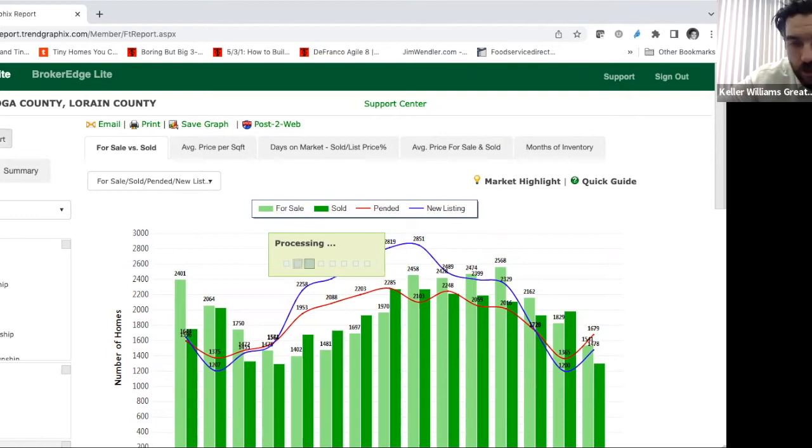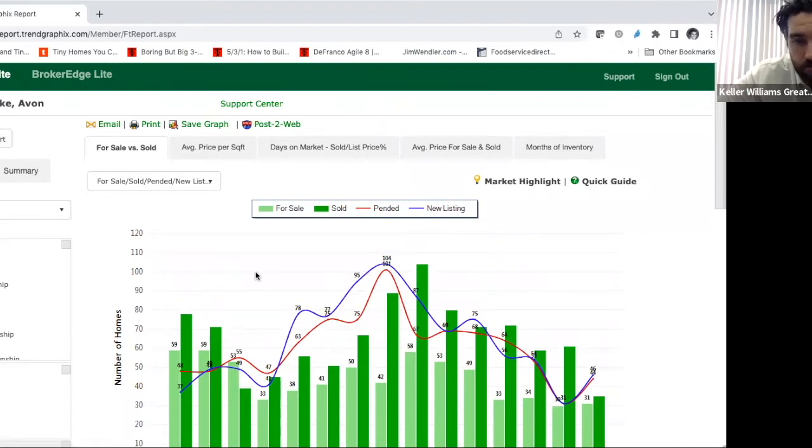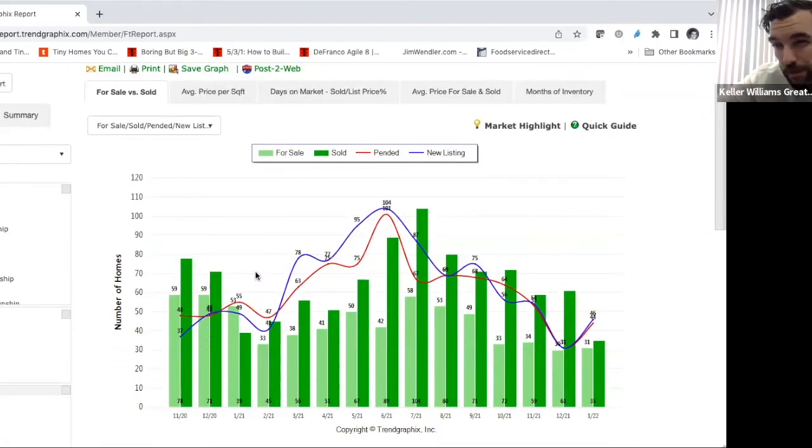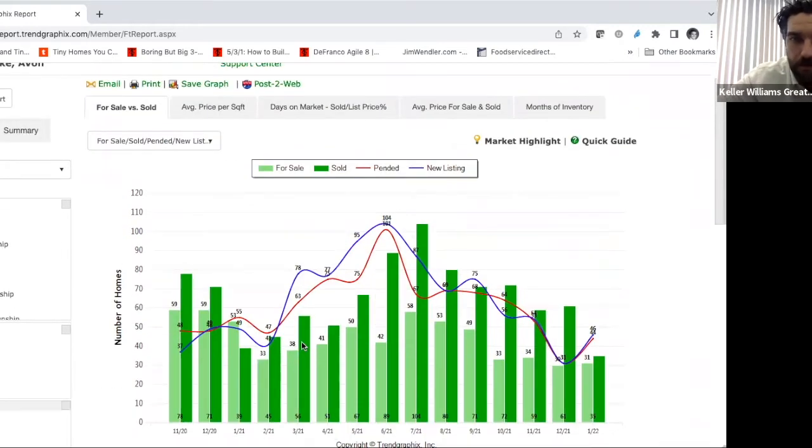And zoom in on that. And see, it's a similar trend pattern, but now you can talk in very specific numbers that are, hey, we're operating with less inventory than we ever have in the market. So a listing now is more valuable than it's ever been. It'll draw more attention than it's ever drawn. And you can create this graphical backdrop that allows you to do it.